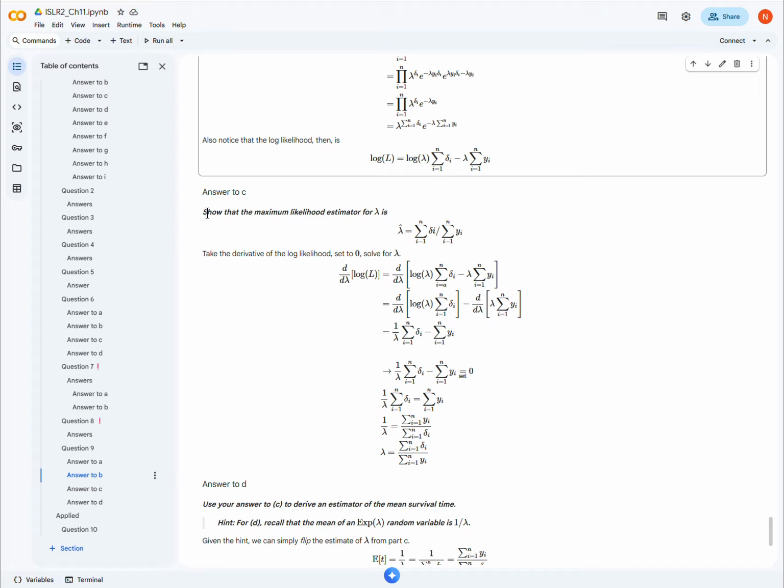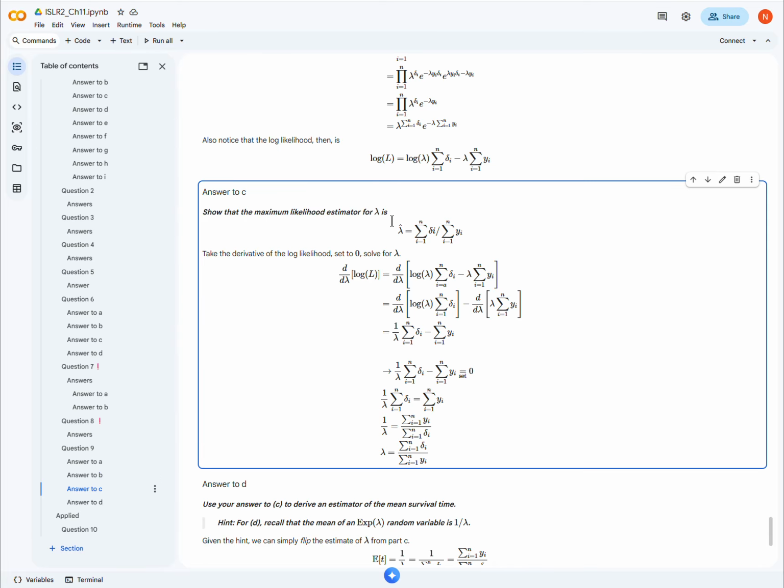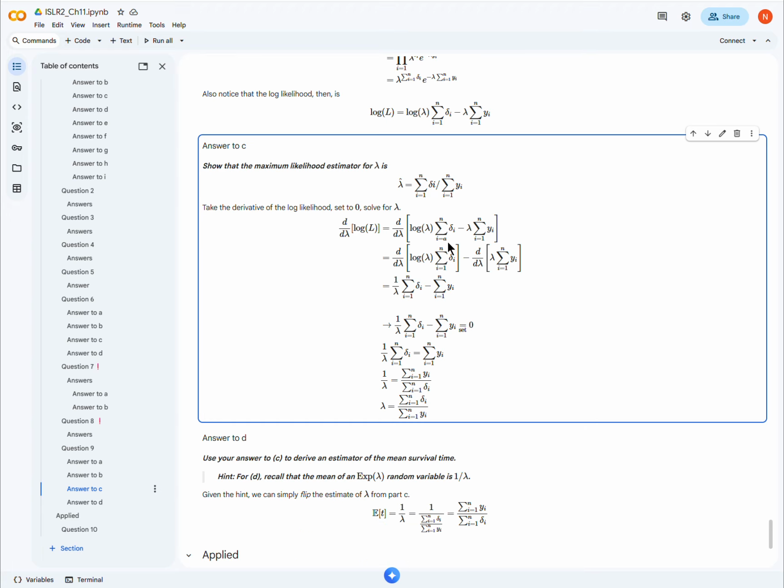Okay, so we're meant to show that the maximum likelihood estimator for lambda is that expression right there. I'll try not to just narrate the math. You can follow the math for yourself. But we take the derivative of the log likelihood with respect to lambda, and that's all that's happening here. Eventually we get an expression that we set to 0 and then solve for lambda.